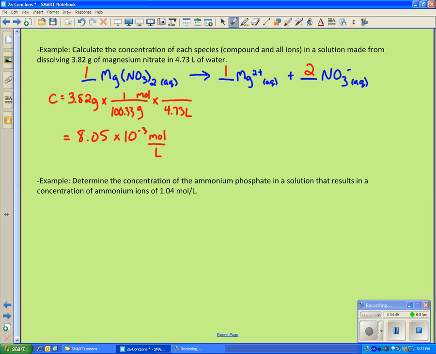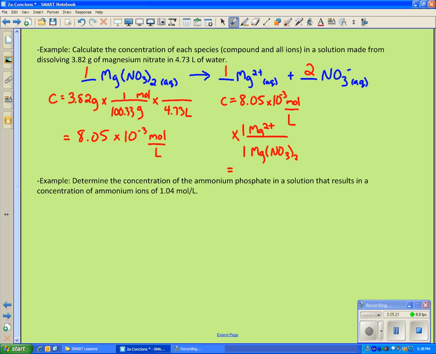From that concentration, now we can figure out the concentration of the magnesium and the nitrate. So for the magnesium concentration, we want to start with the original compound, so 8.05 times 10 to the minus 3, and multiply by our ratio where what we want, which is the magnesium ions, goes on top, and what we're canceling, the original compound, the magnesium nitrate, goes on the bottom.